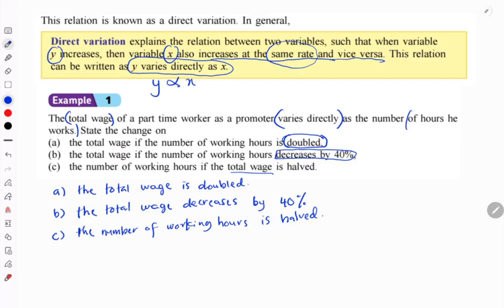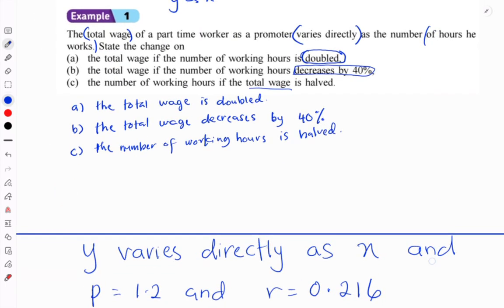All of you must understand that direct variation explains the relation of two variables. If one variable increases, the other variable also increases at the same rate. If one variable decreases, the other variable also decreases at the same rate.